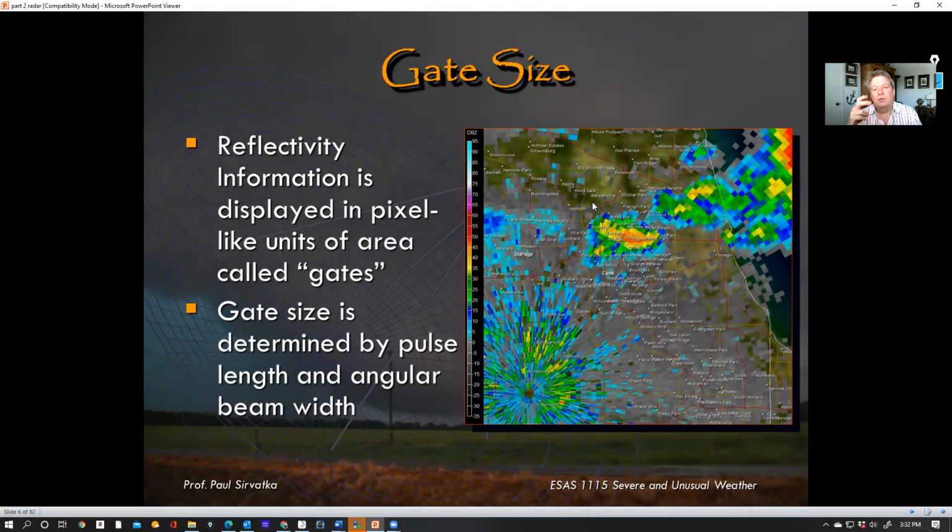Basically the color is assigned to a gate to indicate the reflectivity that is occurring at this place. They are not shaded. It's not like one part of the gate is bright orange and the next one's dark orange. A single color gets a gate. The same thing is true in graphical image formats, GIFs or JPEGs.